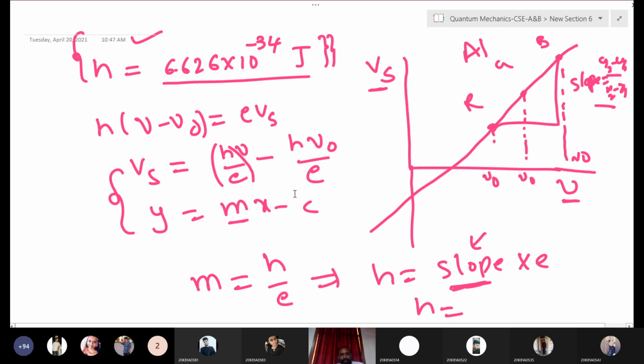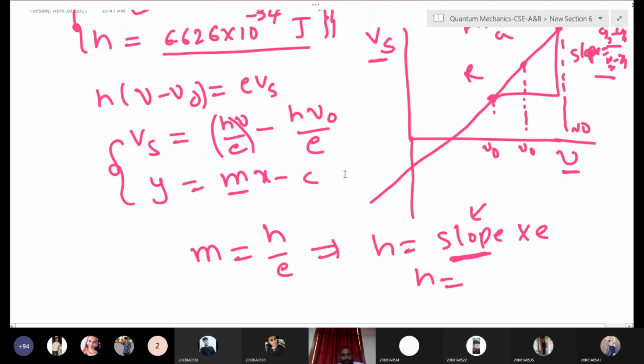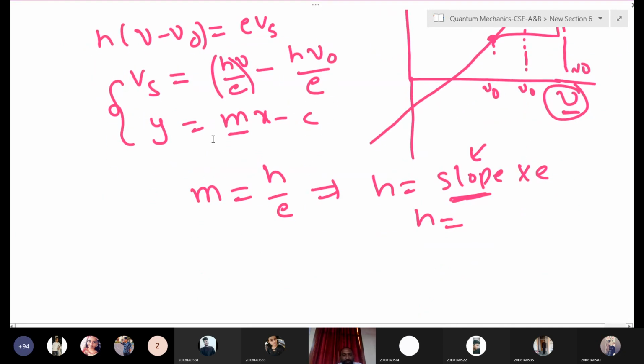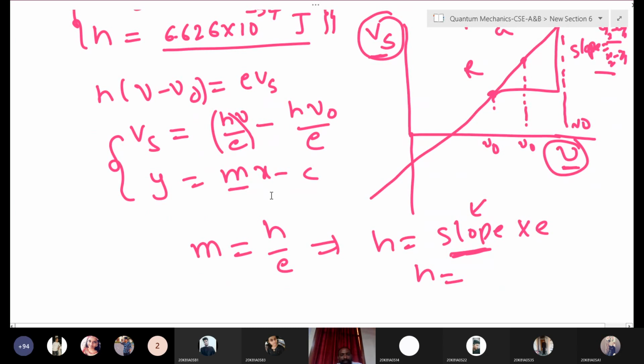Just from Einstein's equation, we plot the graph of stopping potential versus frequency, take the slope, and compare with the linear equation, where the slope is equal to h by e. From there we calculate Planck's constant. This is the way of estimating Planck's constant.